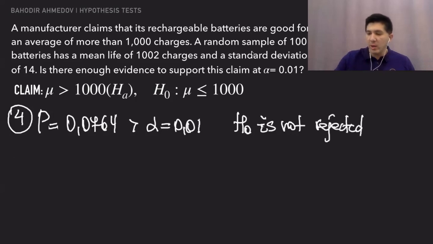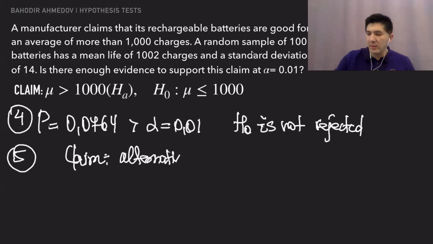But if you remember, our claim is the alternative hypothesis, right? So we cannot say that we're not going to reject the claim, because our claim is not the null hypothesis. Since our claim is the alternative hypothesis, we are going to do the opposite. We're not going to support it.